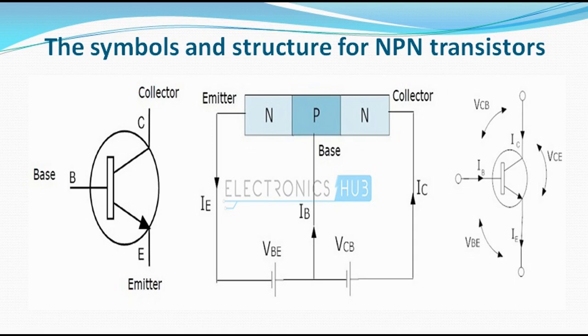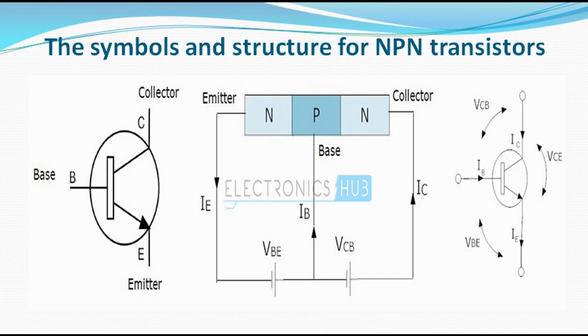The arrow in the emitter terminal of the transistor indicates the flow of conventional current.